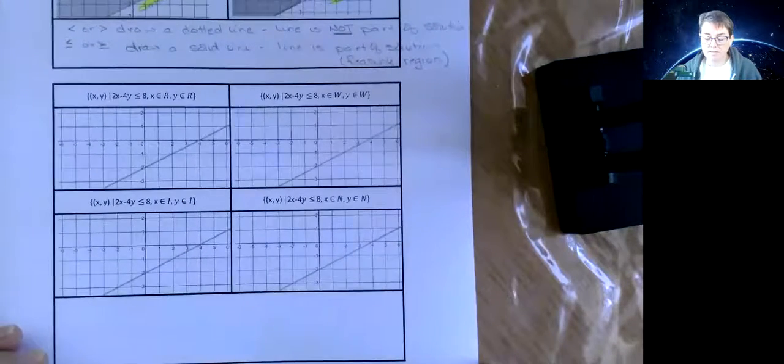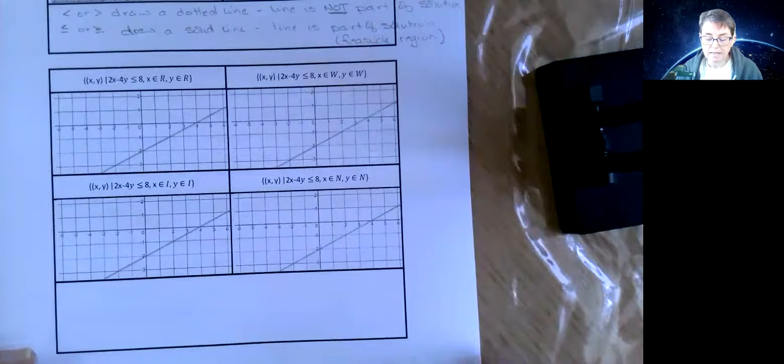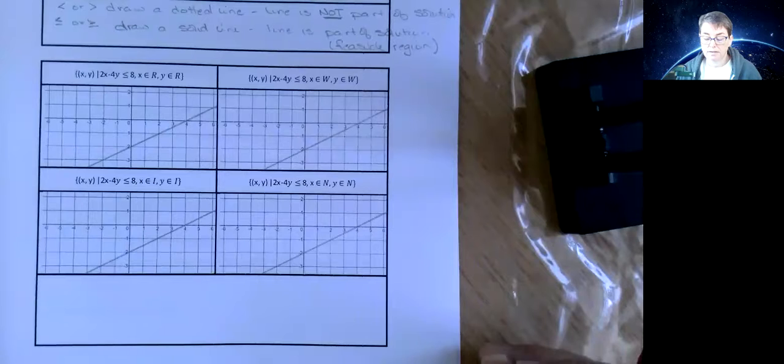Now let's look at these last ones and take a look at what the difference is. If you look closely at the graphs, they're all exactly the same. But what's the difference in the drawing?